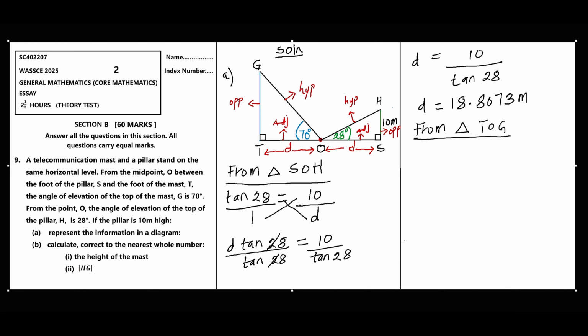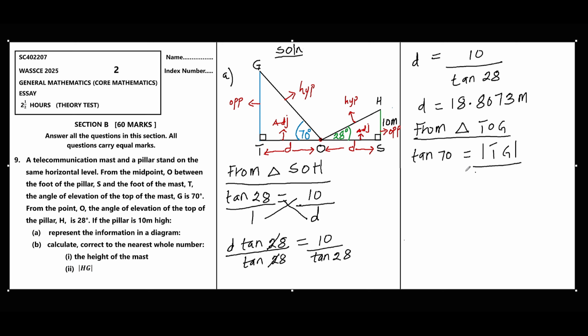So again, when we refer from SOHCAHTOA, it is only TOA that has opposite and adjacent. So TOA says that the tan of the acute angle, so the acute angle here is 70 degrees, is equal to the length of the opposite. So the length of the opposite, that is the height of the mast, I'm naming it as line TG.